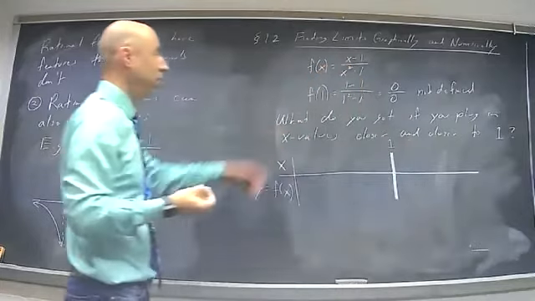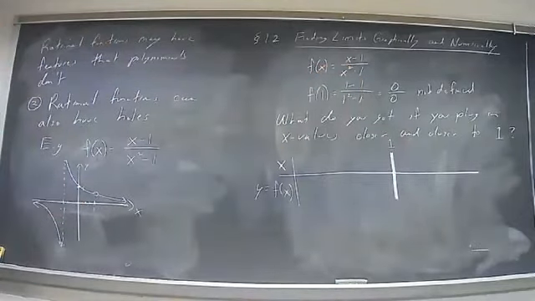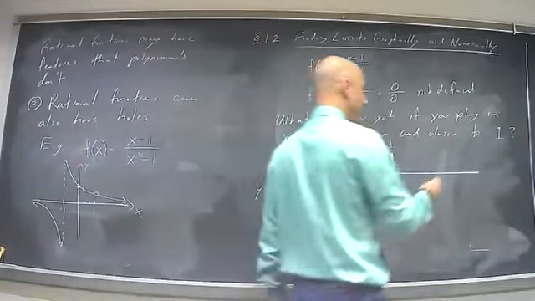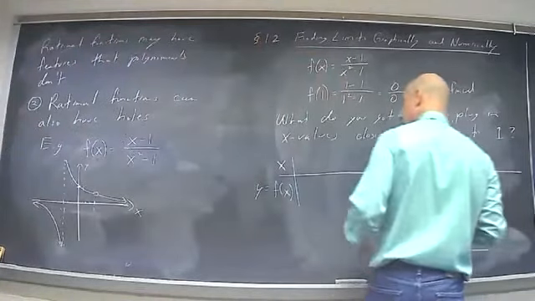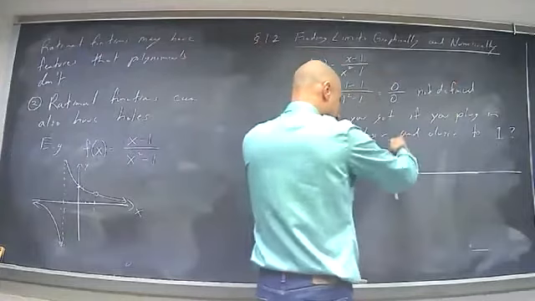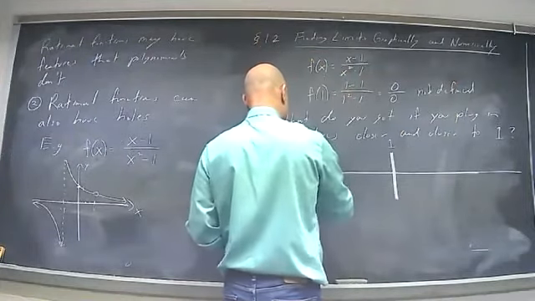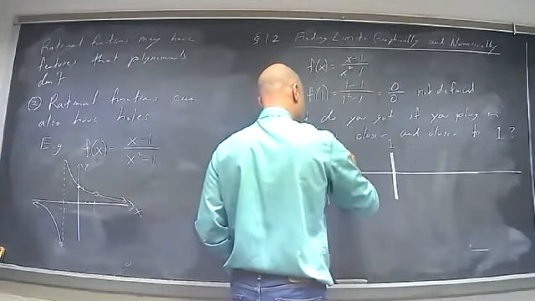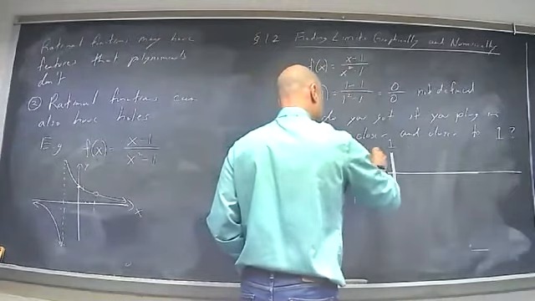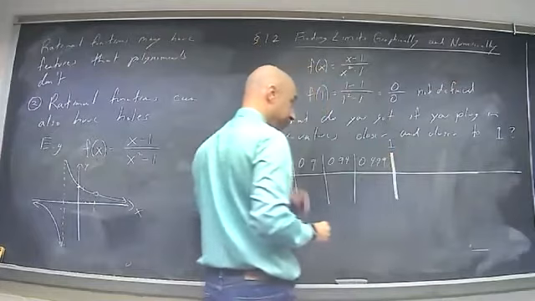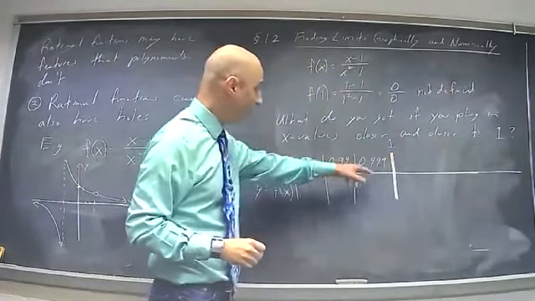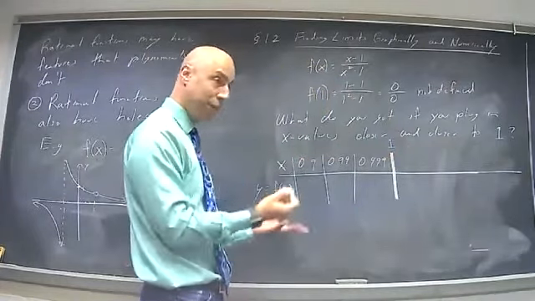We get garbage. But we're going to plug in values closer and closer to 1. So imagine this is sort of the number line. Here is 1. And on the left, we'll plug in, say, 0.9, 0.99, 0.999. Those are numbers getting closer and closer to 1 from the left on the number line.